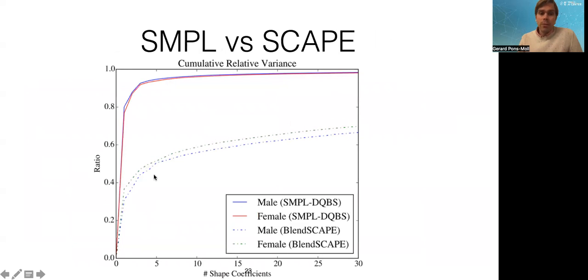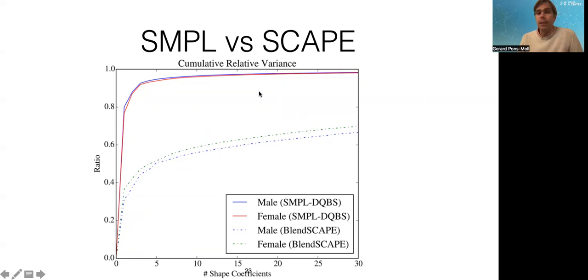When you look at the explained variance as a function of the number of coefficients, and you compare SCAPE-like models, this dashed curve over here, with SMPL models, you see that very quickly SMPL can explain much more variance than the SCAPE model.